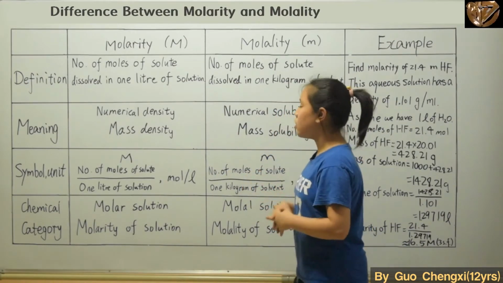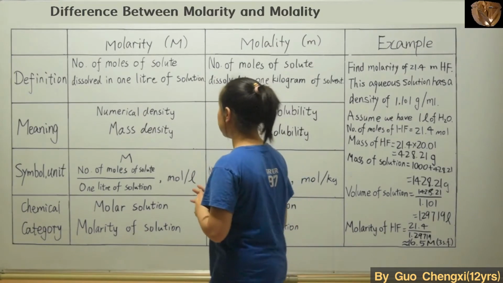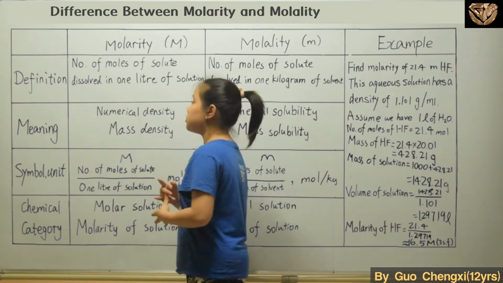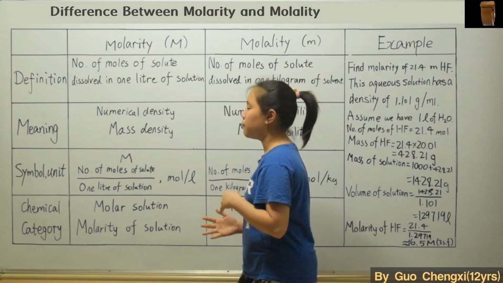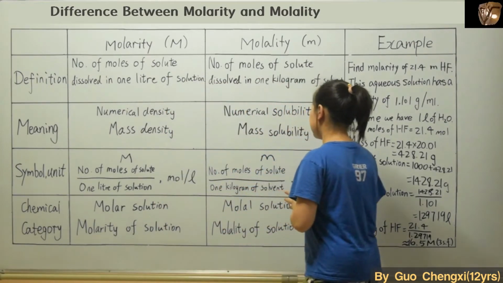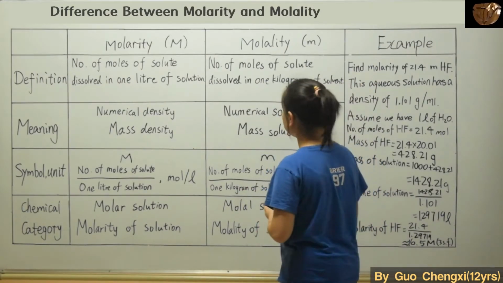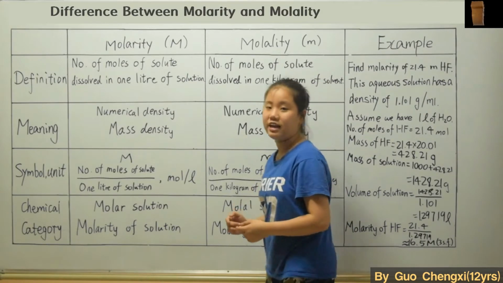But there's a much larger difference than that. Molarity is basically like a percentage. On the other hand, molality is about the ratio. It's something like how much it can contain.